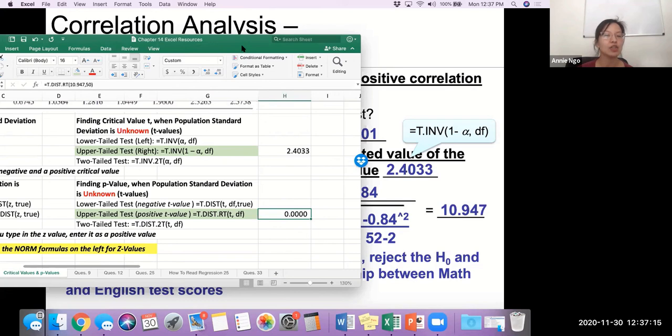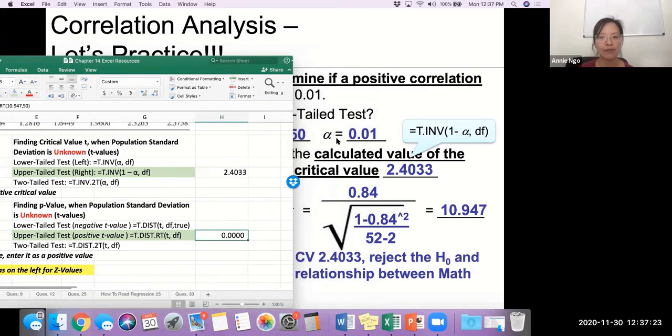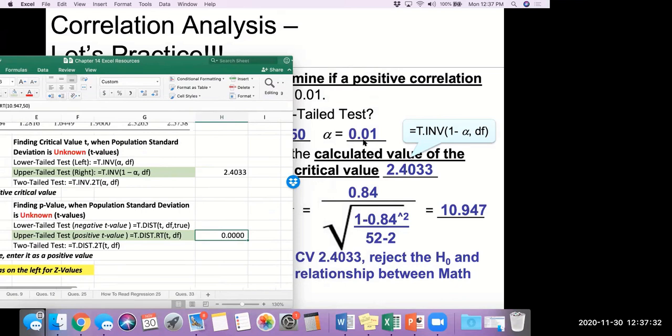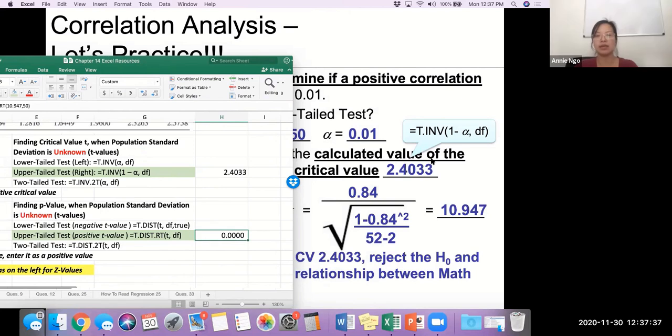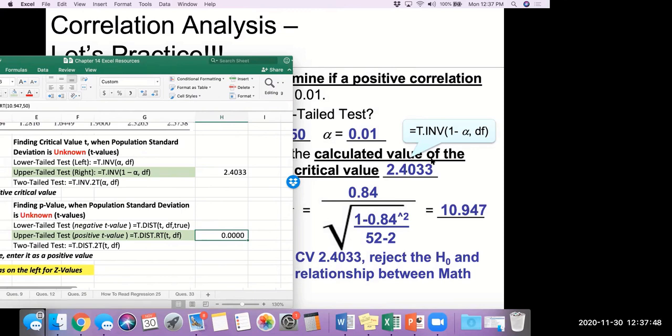Now, if I was asking you to do the p-value approach, here's my p-value, 0.000. How does that compare to our alpha of 0.01? Smaller, less than, or greater than? It's less than. So if our p-value is less than alpha, what's our decision? Reject or not reject the null? Yes, we will reject.